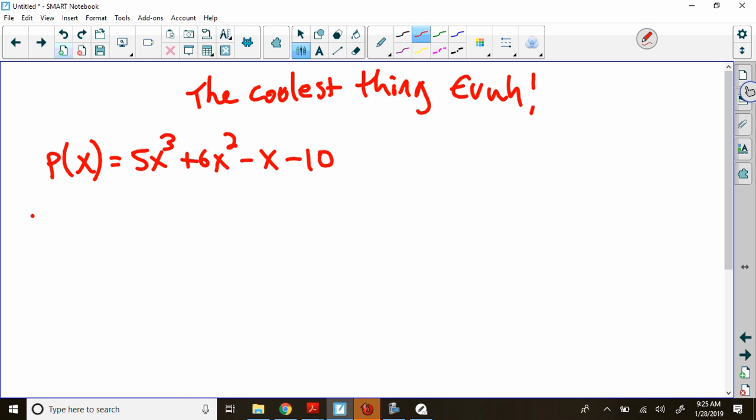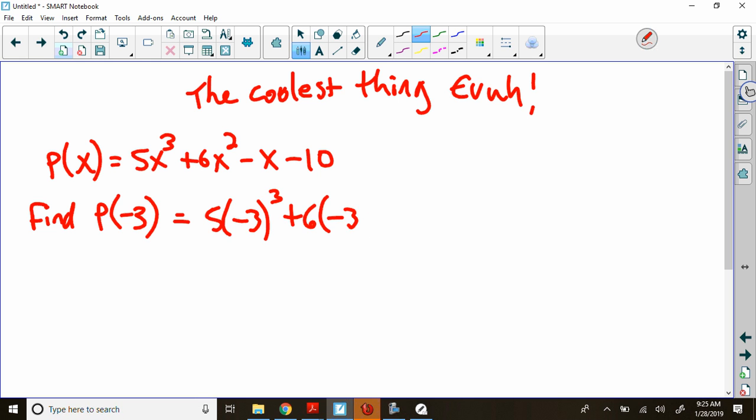And you were asked to find p of -3. That's going to require a lot of work. That's going to require you to cube and square and multiply and subtract. That's going to require you to take 5 times -3 cubed plus 6 times -3 squared minus -3 minus 10. That's going to be an awful lot of work.